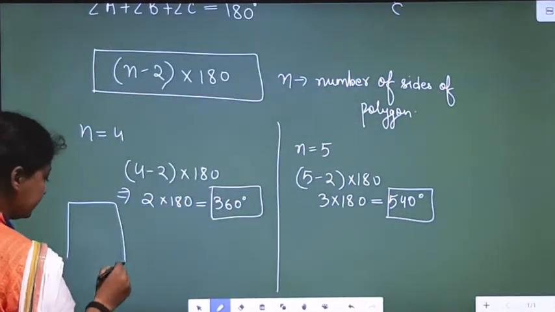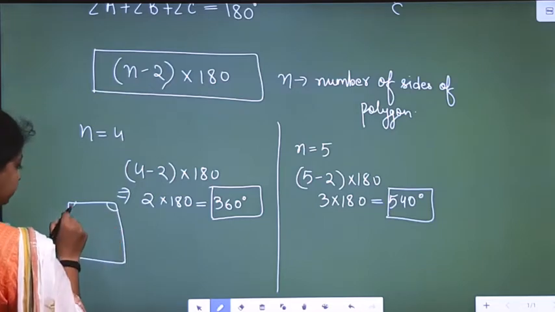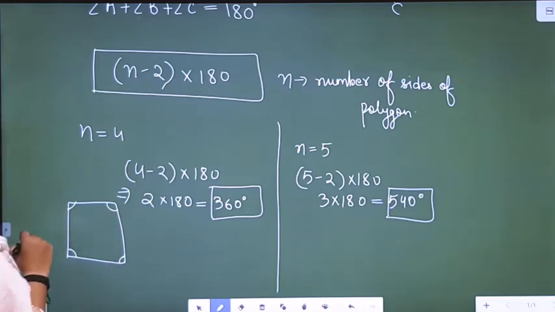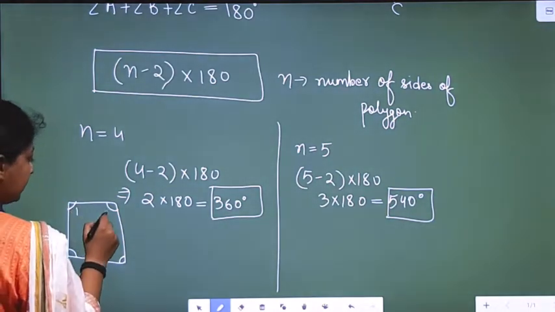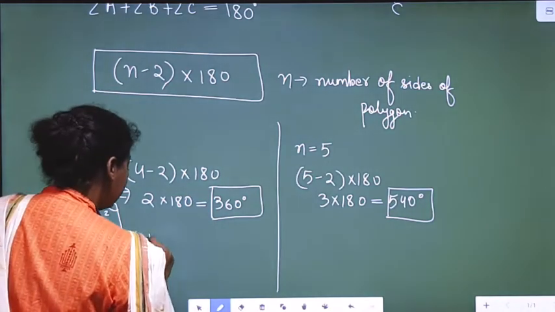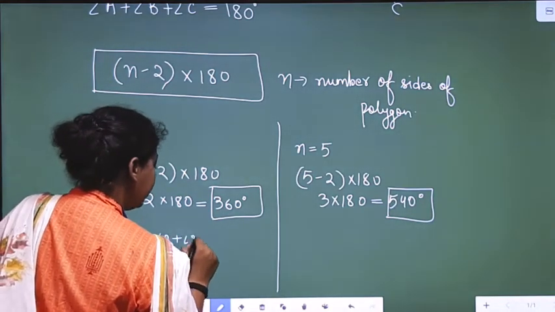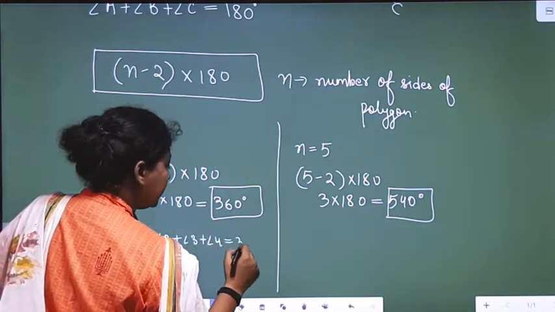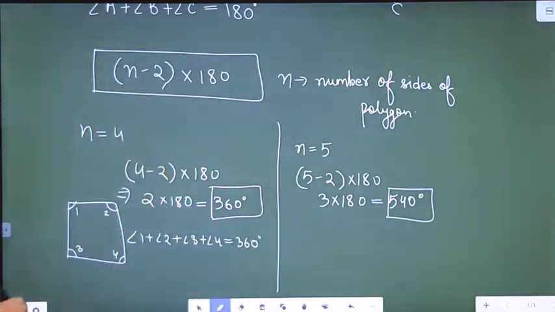Here we can see this diagrammatically also. This is a quadrilateral. Suppose this is angle 1, this is angle 2, this is angle 3, this is angle 4. This implies angle 1 plus angle 2 plus angle 3 plus angle 4 must equal 360 degrees.